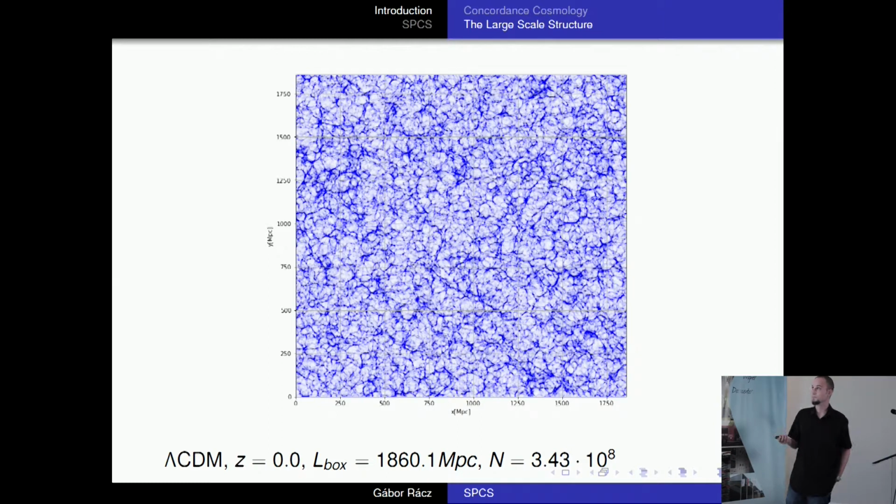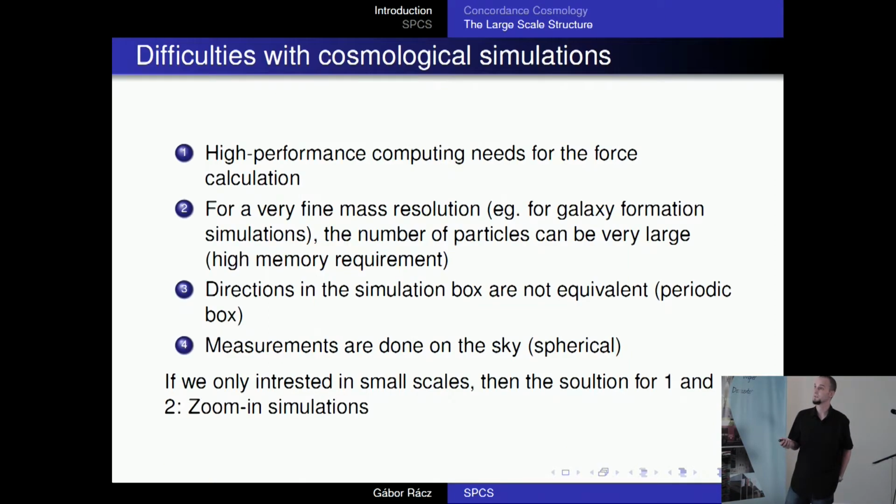So the theory works basically, but there are difficulties with these cosmological simulations. We have high performance computing needs for the force calculation. We have a very large number of particles and everything interacts with everything, so it can be hard.